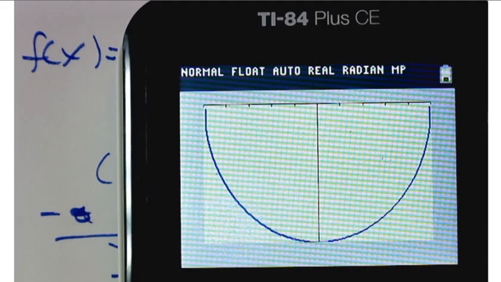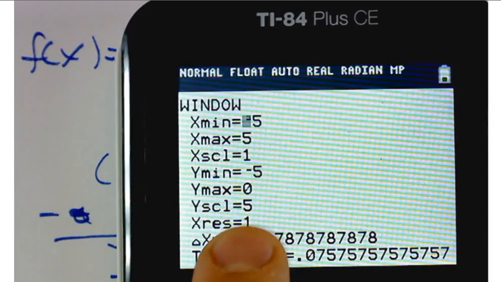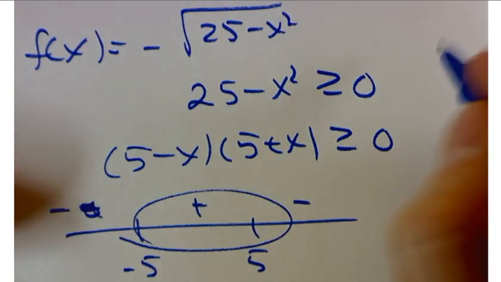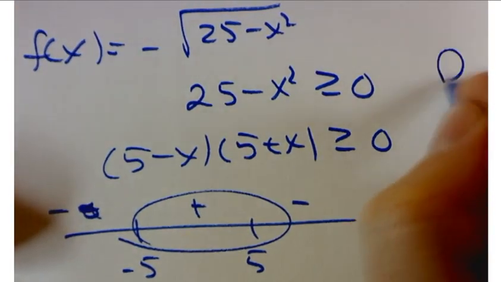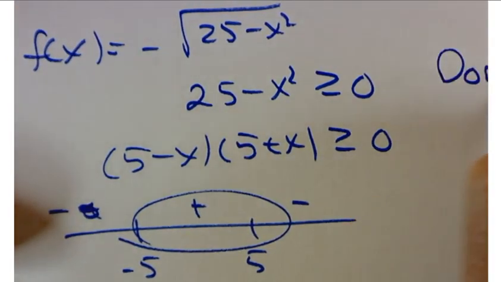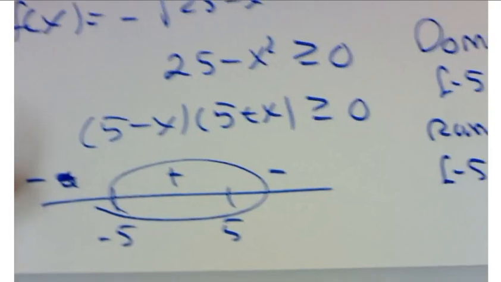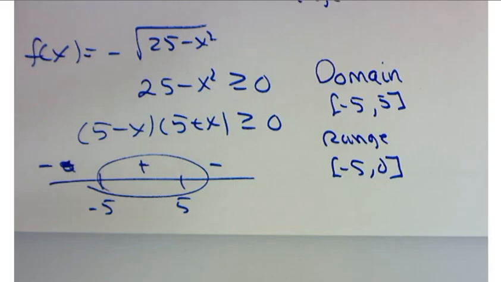Cooper, what would the range be? Actually, I think it goes down to -5. Okay, so the domain is -5 to 5, and the range is -5 to 0. And I'll use brackets on both of those.